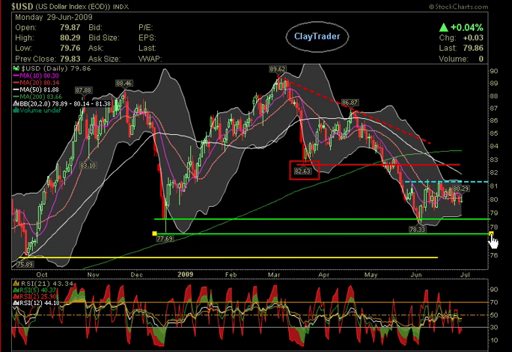But this support zone is still here, holding strong. What we don't want to see is the dollar come down here, break through area 1, come down here a little bit more, break through area 2. If that happens, then there's a good chance we're going to come all the way down here and visit this next price target area of right around 76. So things are holding well from that point.